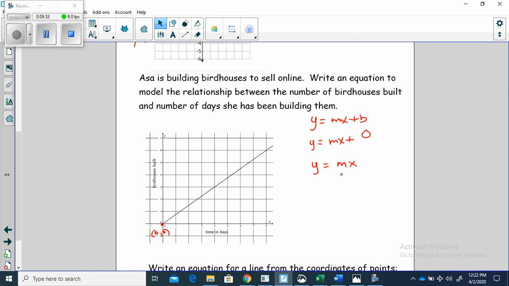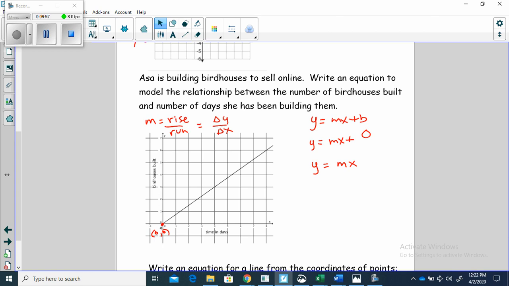We need the slope. We know that slope is rise over run, which can also be known as change in y over change in x. If I look at this, you got to check your grid lines carefully. Do you notice that my scale is 1, 2, 3, 4? Here it's 1, 2, 3, 4.